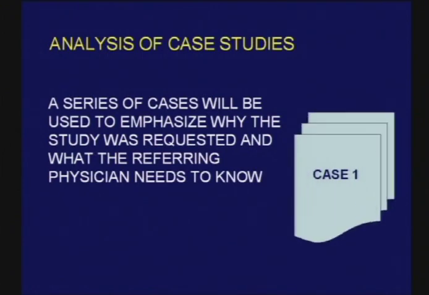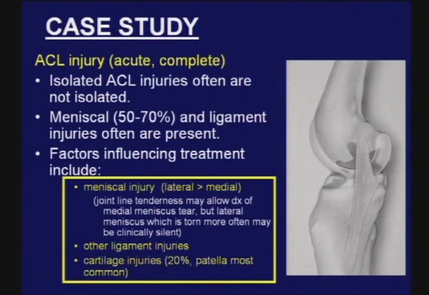Now let's look at a few cases that emphasize why the orthopedic surgeon may have wanted to order an MR examination. The first of these is a case of an acute complete tear of the anterior cruciate ligament. The orthopedic surgeon has examined the knee, feels very comfortable that the anterior cruciate ligament is torn, and is not particularly interested in our saying, yes, it is torn.